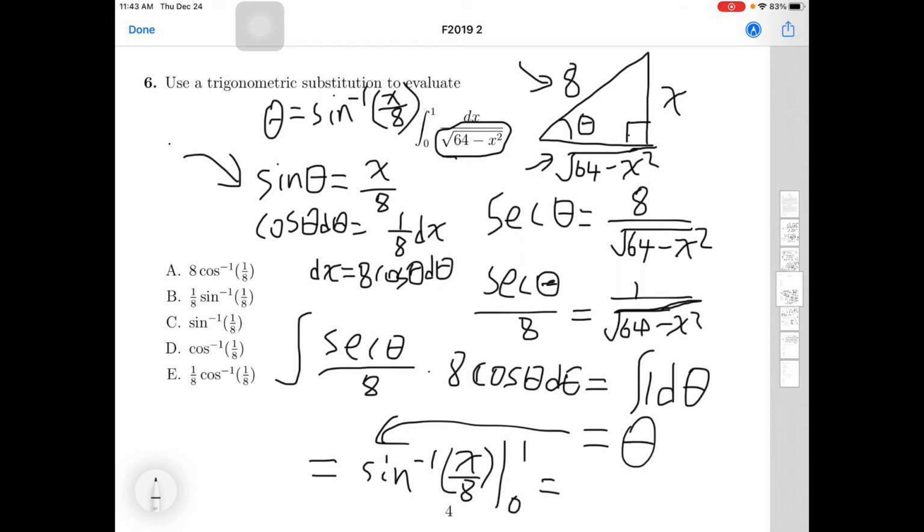So we plug 1 and 0 in, it will just be sine inverse of 1/8 minus sine inverse of 0. Sine inverse of 0 is 0 because sine 0 is 0. So we can just cross that out, and that should give us the answer of C.